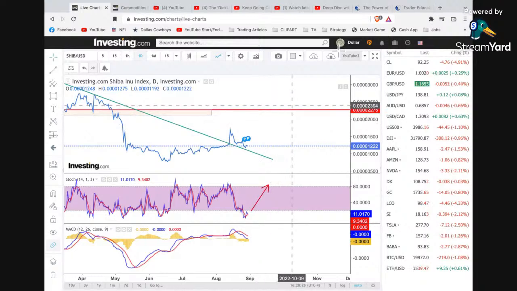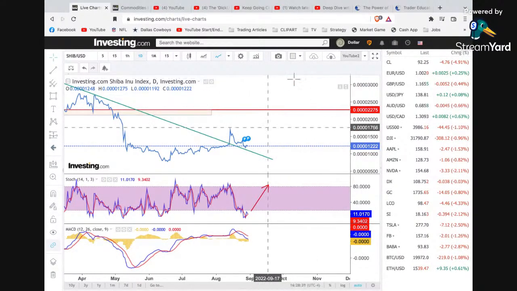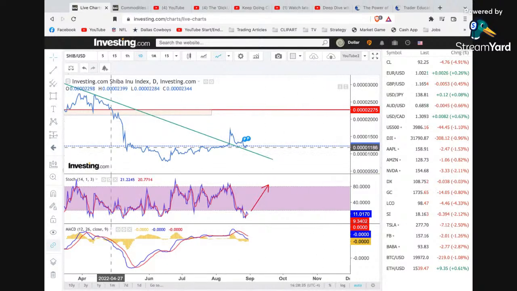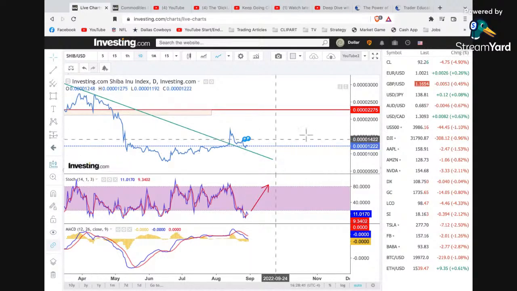So it could go there, pull back, and run. But we'll see. I think it's going to dump. But we'll see when we get there. I want to see what this game is.